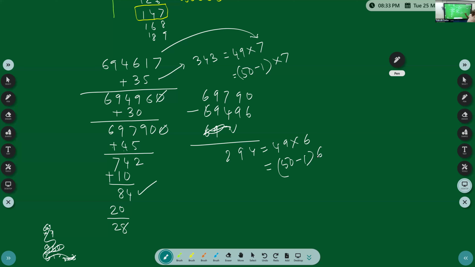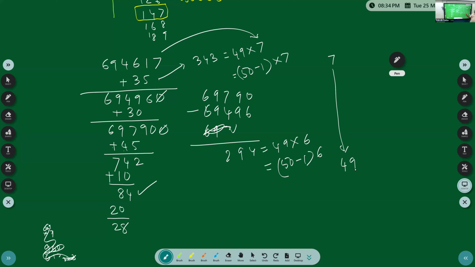So in the table of 7, the first time you get 9 in the unit place, you should stop. The elder brother of 7 is 49, which has got 9 in its unit place. The moment you have 9 in the unit place, add 1, it becomes 50. Very easy. 7 multiplied by 5 is 35, 50 minus 1 is 49.